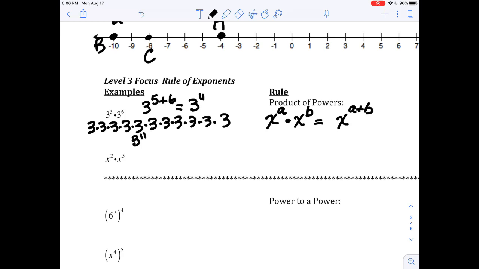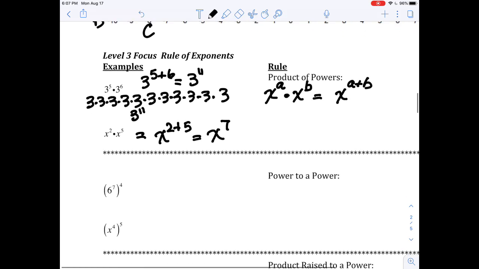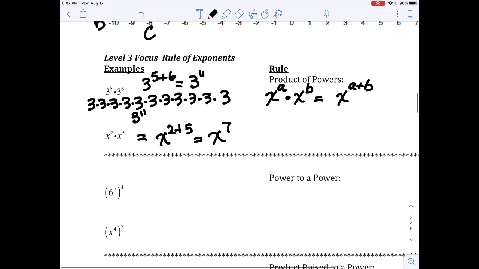And so x squared times x to the 5th is going to be x to the 2 plus 5, which is x to the 7th. So that is our first rule or shortcut.